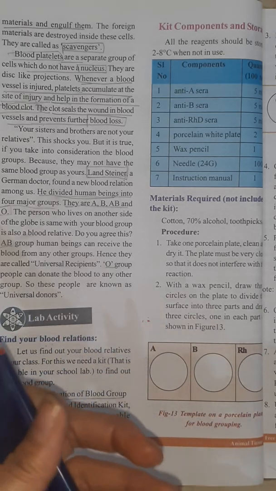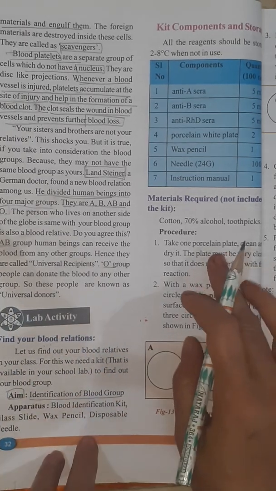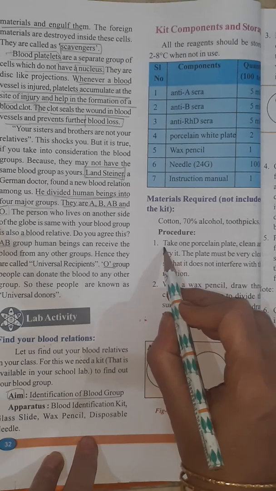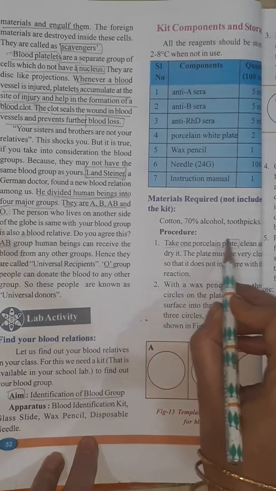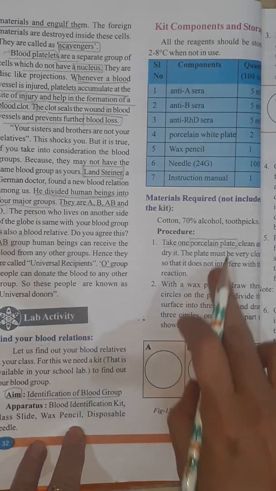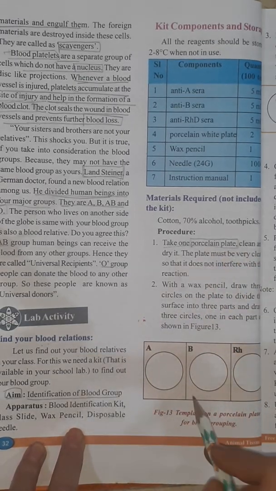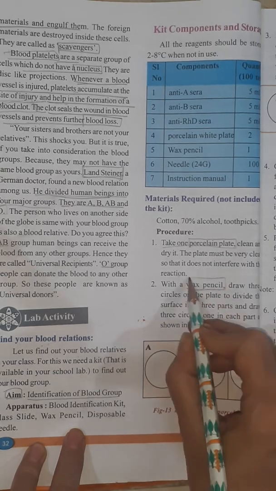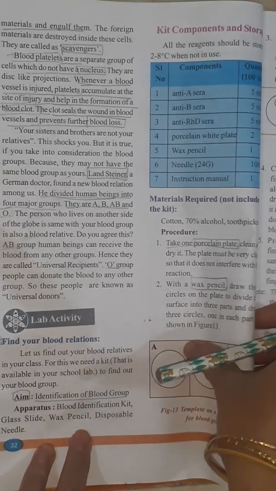Now we'll see the procedure, how to do it. You take one porcelain plate and draw 3 circles with the wax pencil.